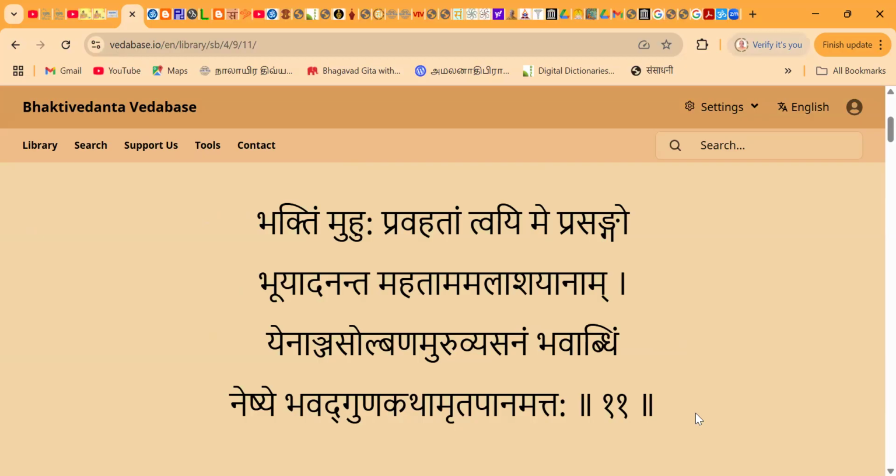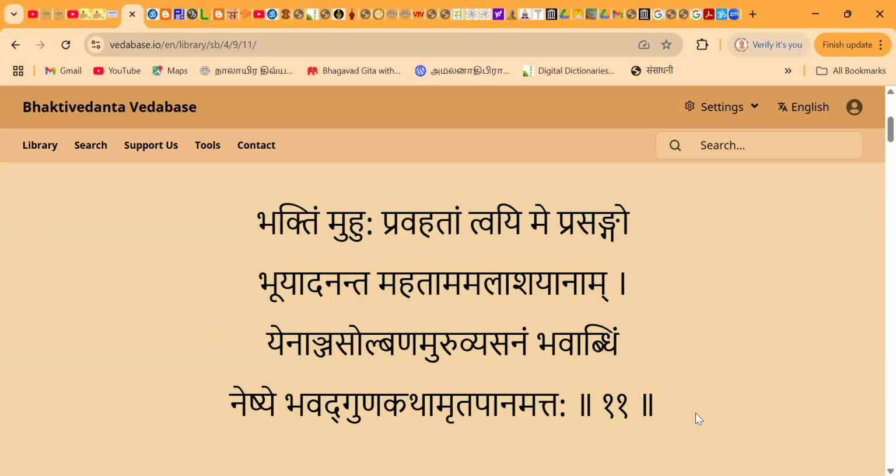When after the visarga there is a kakara or pakara, that is, the first two letters of kavarga or the first two letters of pavarga, then that visarga is called an ardha visarga.